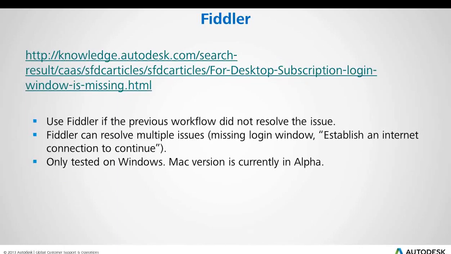But Fiddler works its magic there and manages to get around whatever issue it is that might be causing the problem. Another thing that I haven't mentioned that you'll want to check that's Mac and Windows agnostic is if you're on a corporate network, make sure that the corporate firewall or proxy is not blocking things. So if you can look in the firewall or proxy logs, see if it's got anything related to the Autodesk licensing that it's blocking, set up exceptions for those, and that should get around the issue also.